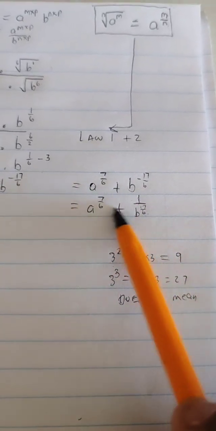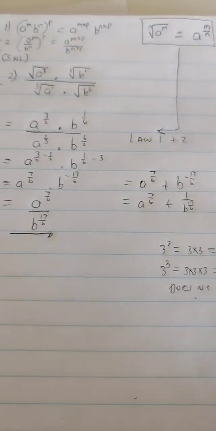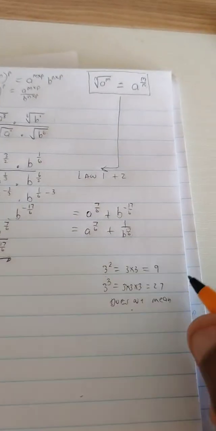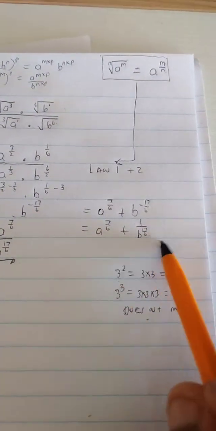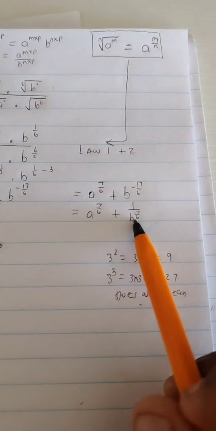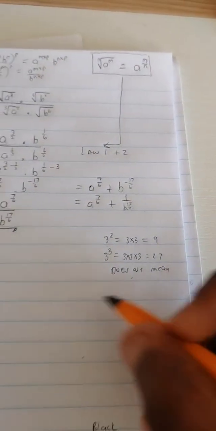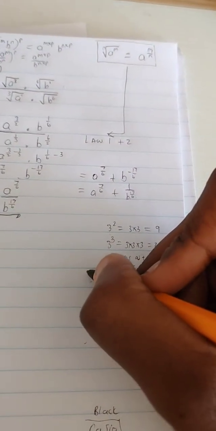Then we would add these as if we are adding fractions, so that from two terms we can get one term with a lowest common denominator of b to the power 17 over 6. So you would ultimately get an answer.